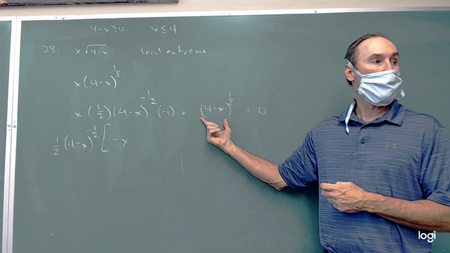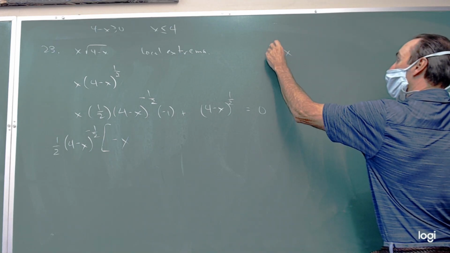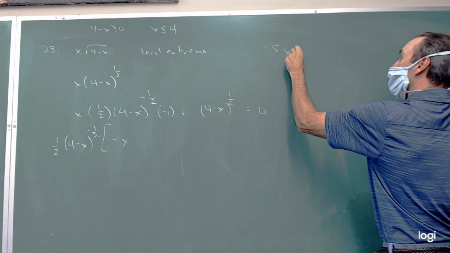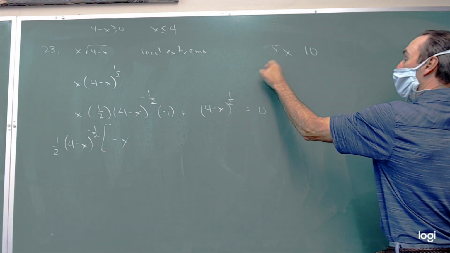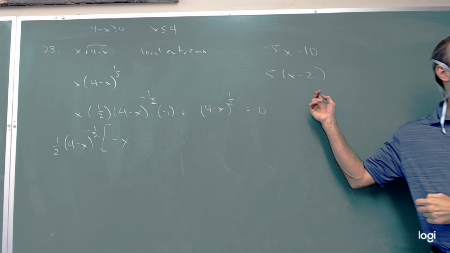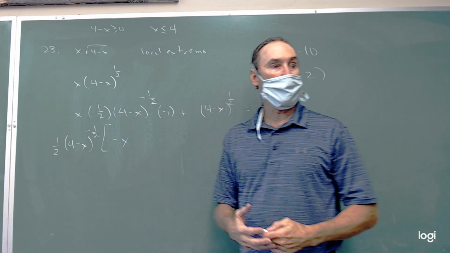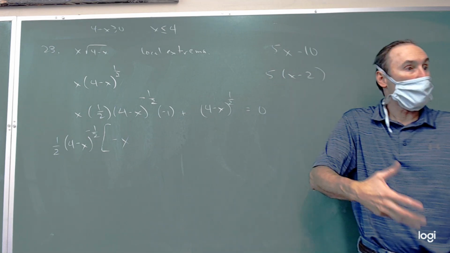So if you had, say, 5x minus 10, you factored that 5 out, you're dividing this 10 by the 5. So when you factor out the 4 minus x to the -1/2, you're dividing by that -1/2 exponent.